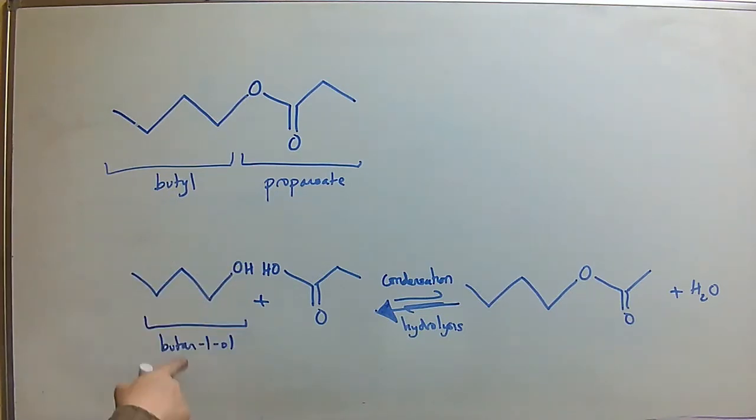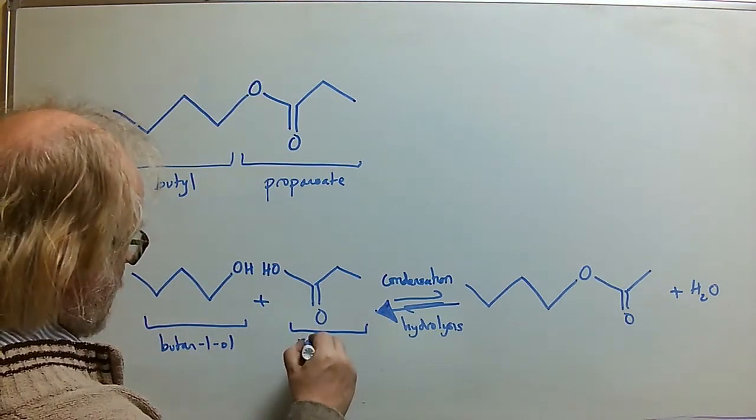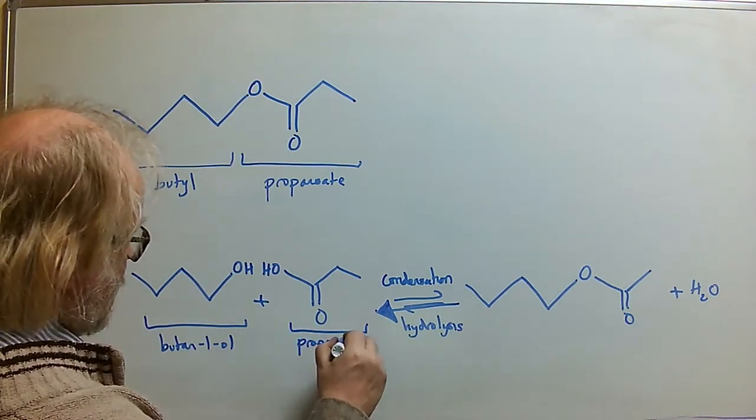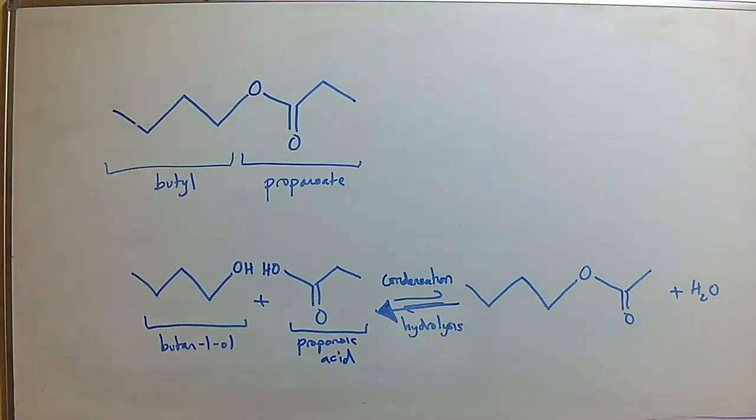The OH is attached to the first carbon, so it's butan-1-ol, and this is propanoic acid. So make sure you know the hydrolysis reaction, and if you remember that it's the reverse of esterification, that makes it easy. So those are going to be the 2 products, but you have to work out which one is which in the gas chromatography.